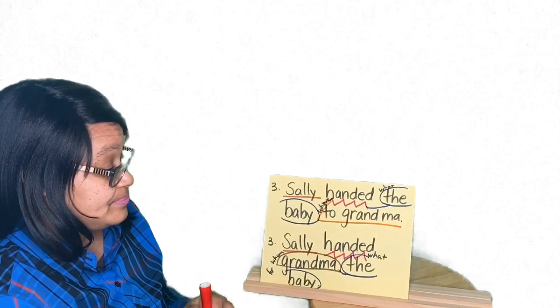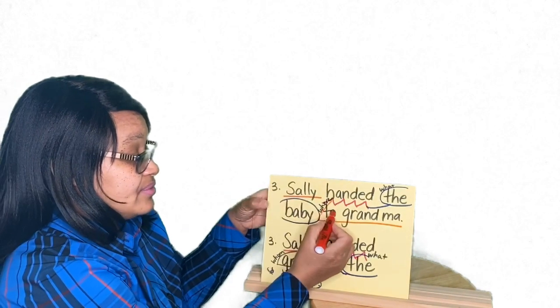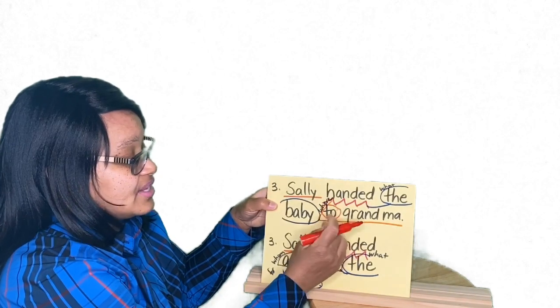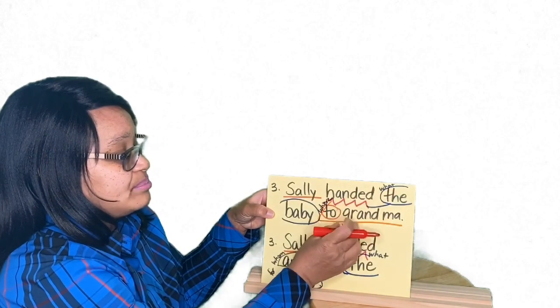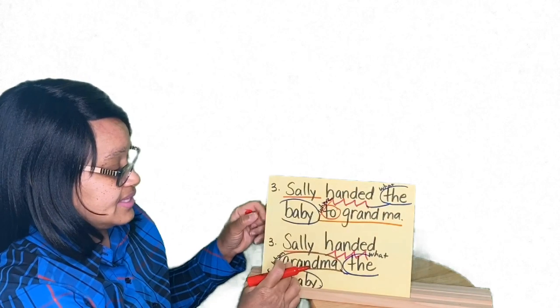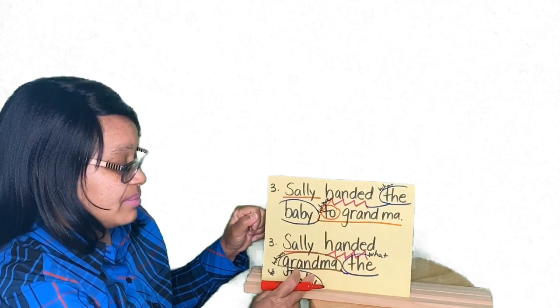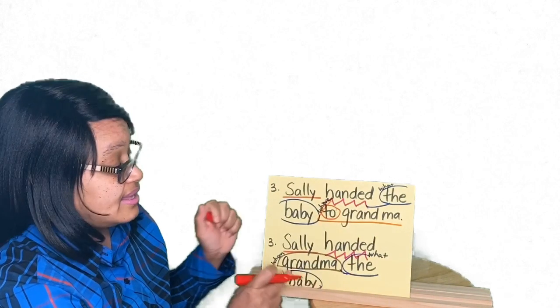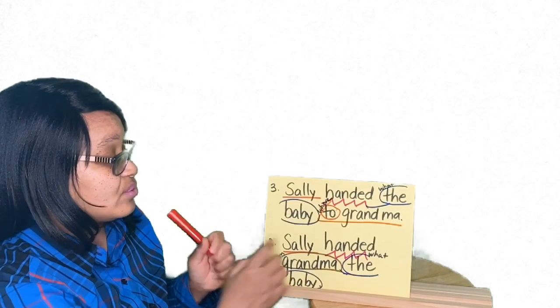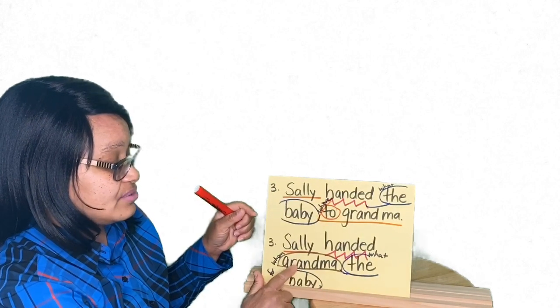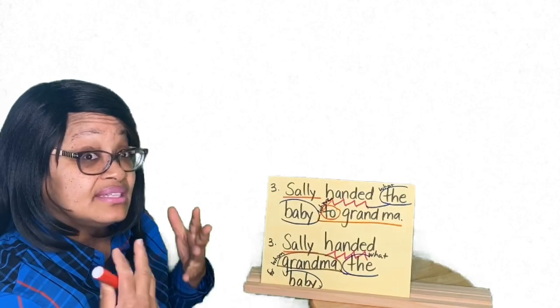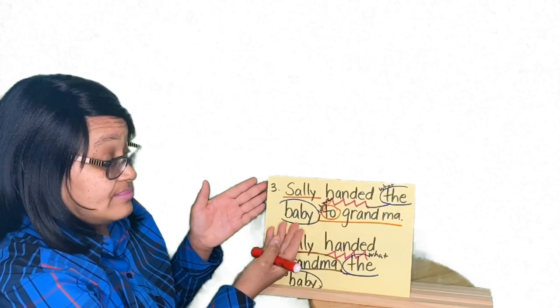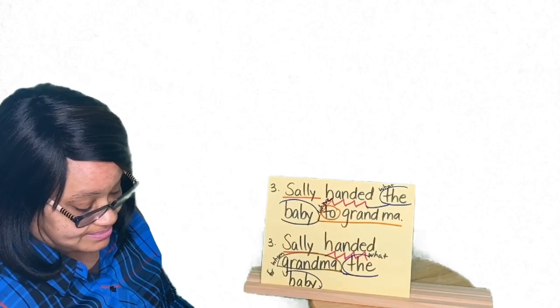Next we could say, take out this to, and let's go ahead and answer that question by moving Grandma up. So Sally handed Grandma the baby. So now Grandma becomes an indirect object because the main direct object is what? The baby, not Grandma.